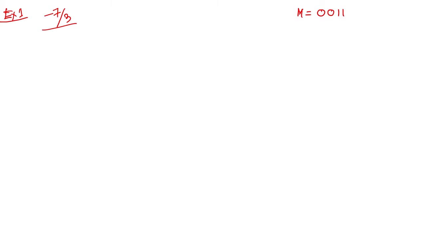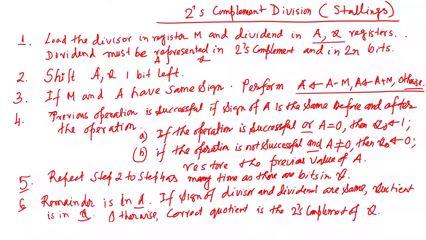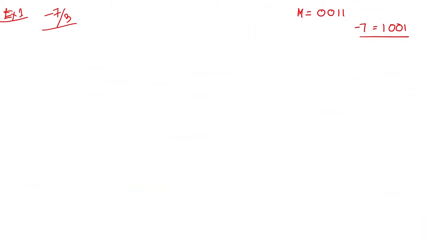Okay. And then the dividend is minus 7. Minus 7, as we just studied, is nothing but 1 0 0 1. Therefore, first step, load the divisor in register M. So, that is loaded here.